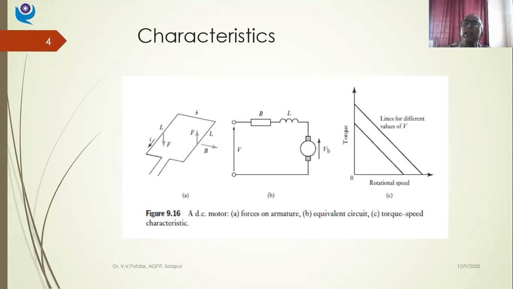Lead screw, as in the lathe, you must be knowing: there is a nut and there is a screw. When the motor rotates, the screw rotates, and the mechanism helps in opening and closing the jaws of the gripper.